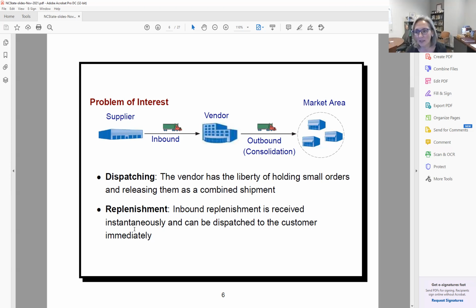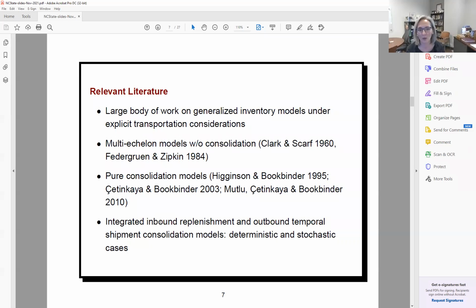This is a simplifying assumption of the model and can be dispatched to the customer immediately. We can incorporate fixed lead times associated with inbound replenishments and outbound dispatch decisions once we know the exact optimal policy. And my focus today is demonstrating the exact optimal policy under the simplifying assumption that we have instantaneous deliveries both on the inbound side and the outbound side.